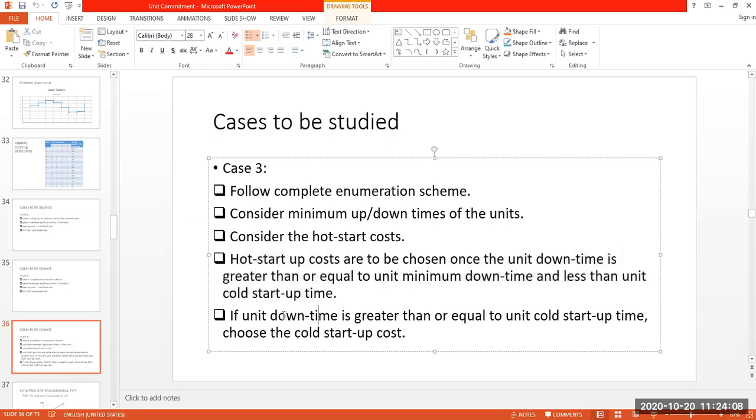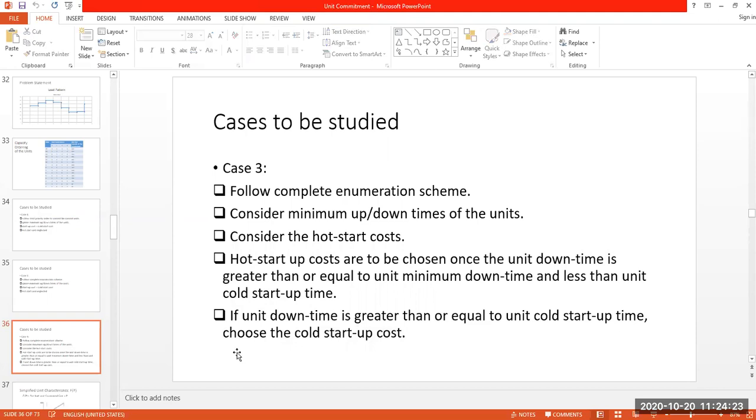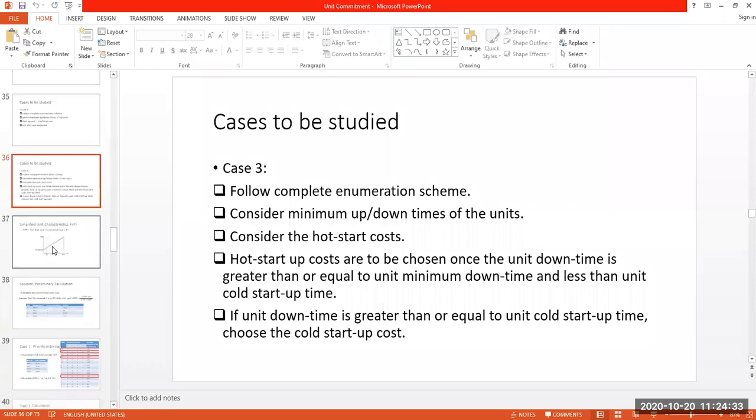If the minimum downtime condition is satisfied and your unit has been turned down for a sufficient amount of time, then you choose the cold startup cost. It may be a little confusing at this point because I'm not mentioning any numerical value, but once we solve the example, I can explain it more elaborately.